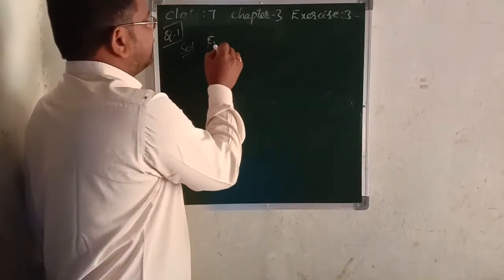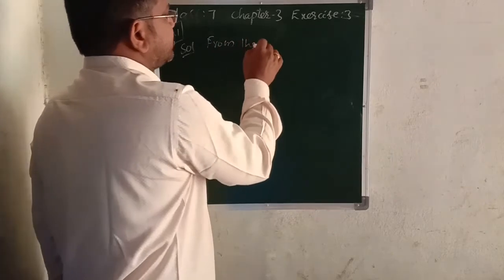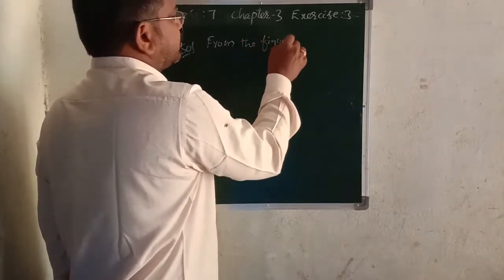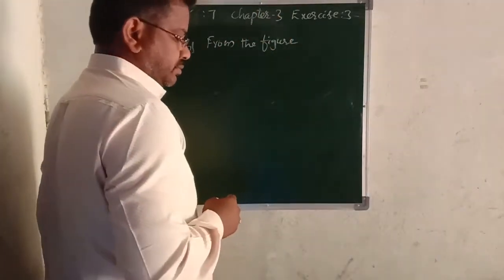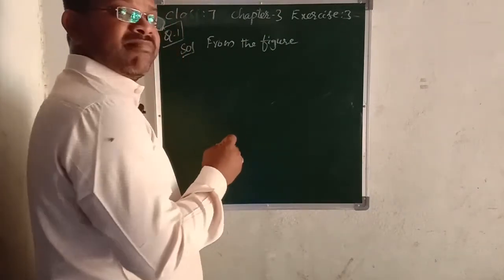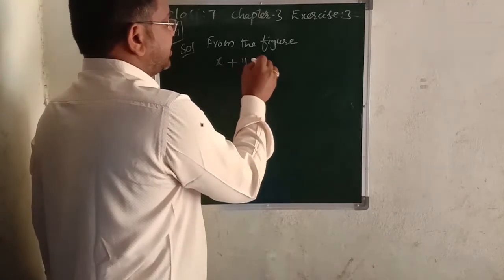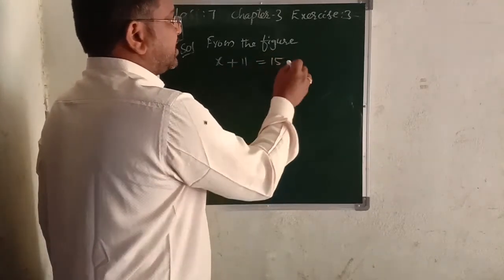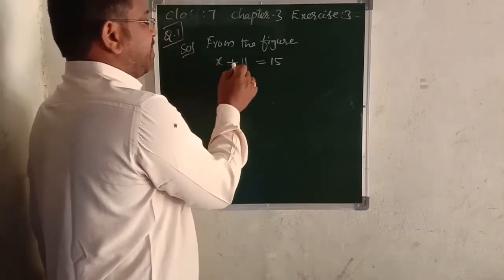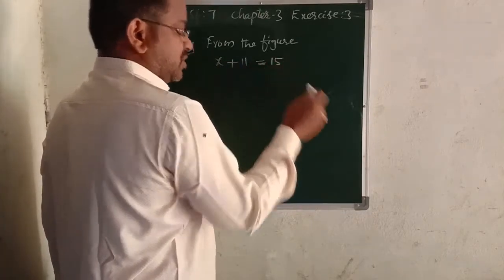From the figure, x plus 11 is equal to 15 centimeters. That means x centimeters plus 11 centimeters is equal to 15 centimeters.